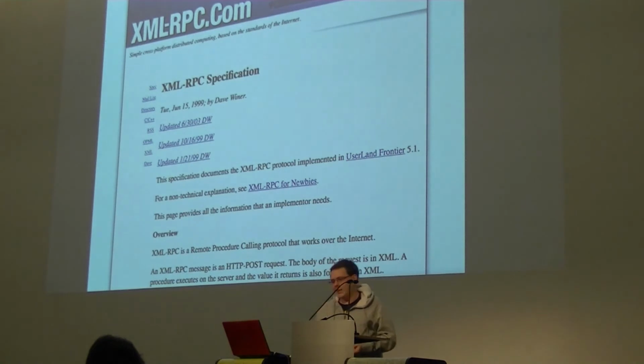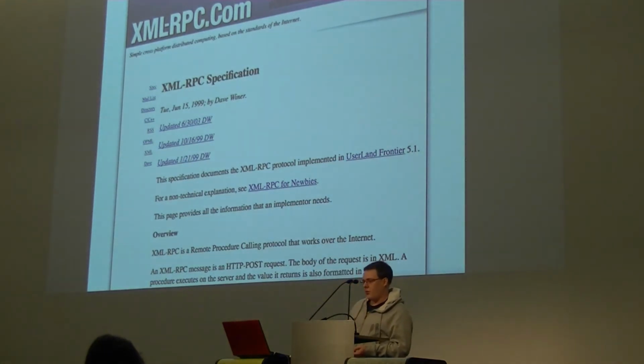In 1999, Dave Winer came out with the XML-RPC specification. You might have seen this term around. XML-RPC is a fairly popular platform. It's used for the majority of blogs to be able to access this sort of content programmatically. It also formed the basis of SOAP.